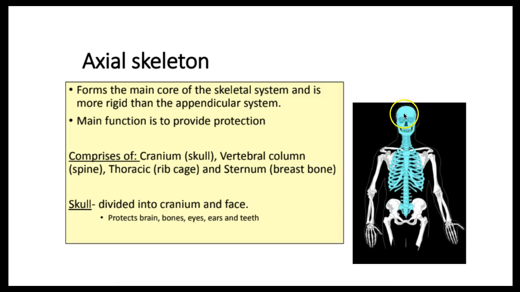Our most important and softest tissue is the brain, so that's in the cranium cavity here. Of course, we have a lot of sensory organs in our skull as well. The backbone houses our spinal column, which has all of our nerve endings that go back up to the brain from the rest of our body.